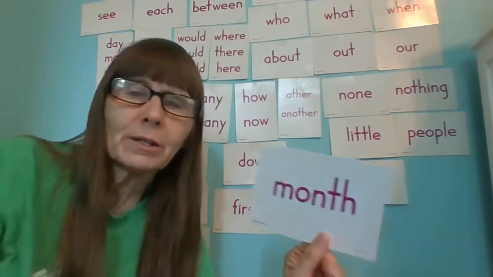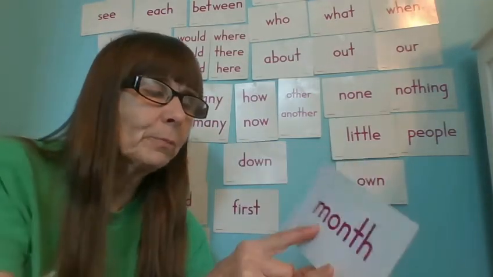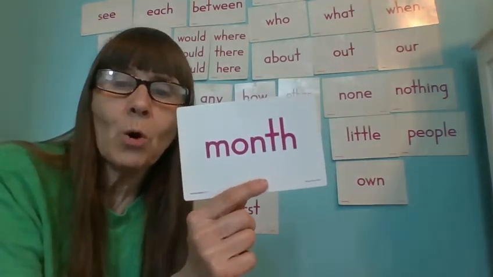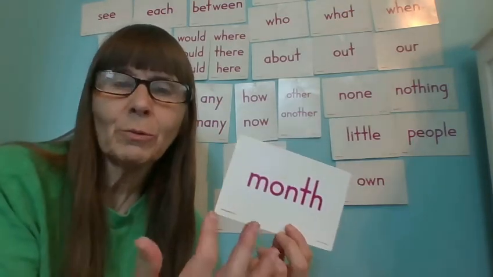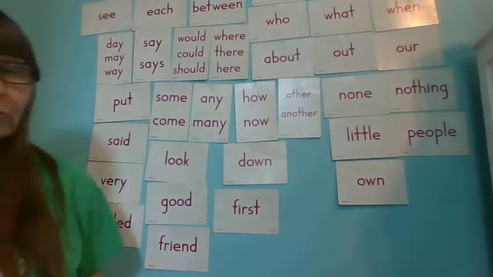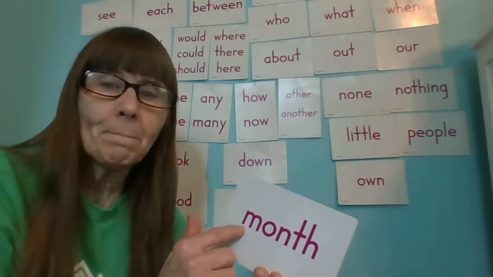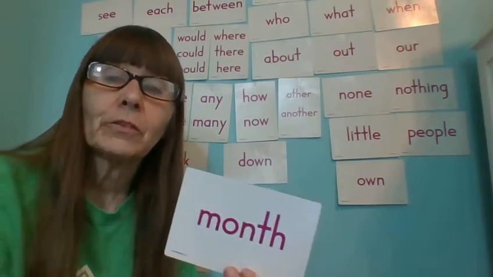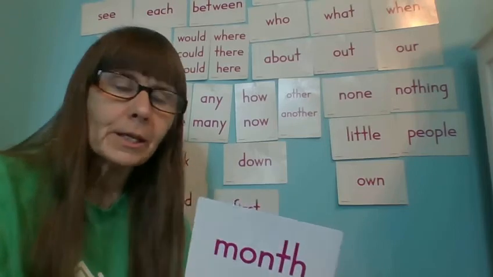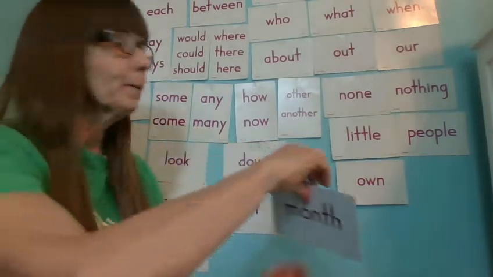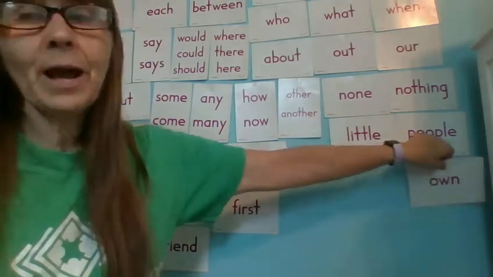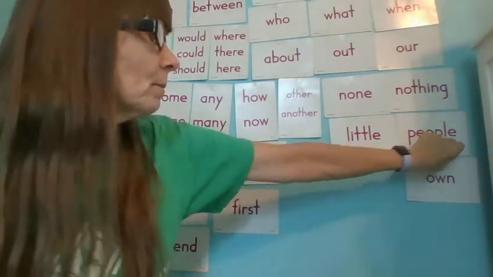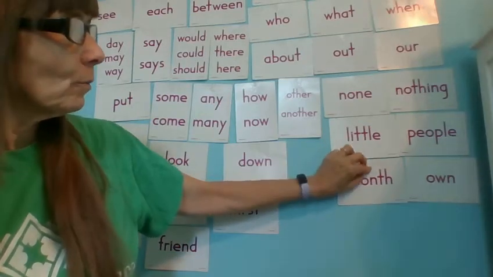You'll probably recognize it in text, but spelling it will be the tricky part. M-O-N-T-H. If you said it the right way, like when we say friend, we would say month, but it's month, like Monday, the same tricky way. I'm actually going to move own over even further away from down, how, and now so we don't get that mixed up. And we're going to add the word month.